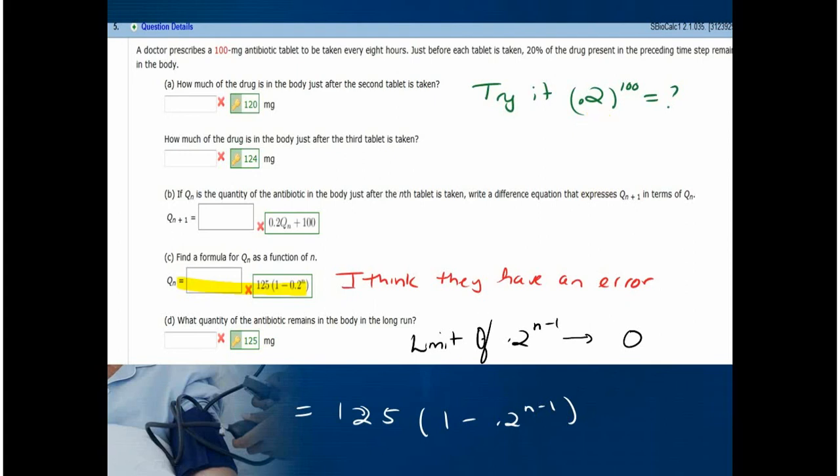Somebody did 0.2 to the 100 on their calculator, and they got something like some number times 10 to the minus 70. So as far as we're concerned, that number turns out to be 0. So since it converges to 0, I can toss 0 in here, and my answer is 125. So the long-term behavior is 125.